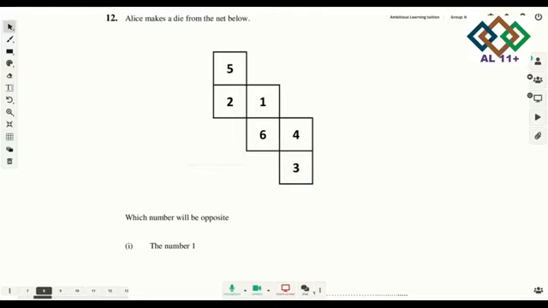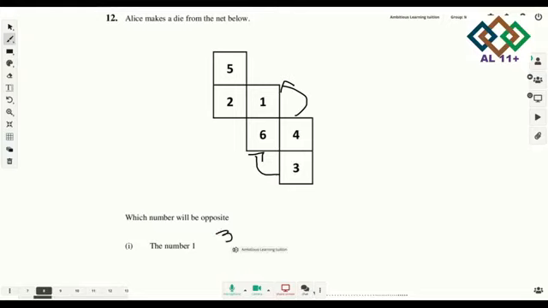They are asking you which number will be opposite. If you look at the opposite ones, I would do it like this. Which number do you think will be opposite? It will be 3.